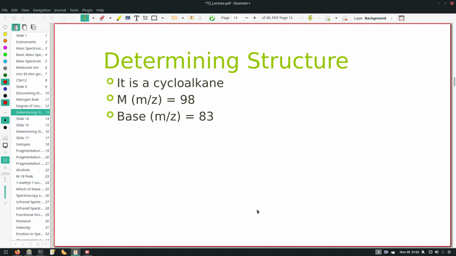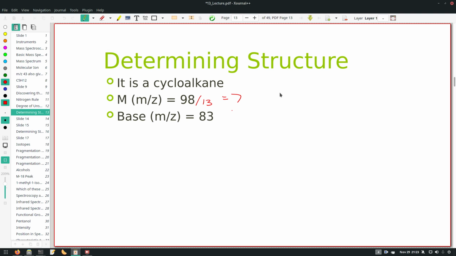Let's say we figured this out and it's nothing but carbons and hydrogens, and we believe it's a ring. It has a molecular ion of 98 and has a base peak of 83. Alright, so I'm going to start by dividing that by 13. And if I do that, I end up with 7.